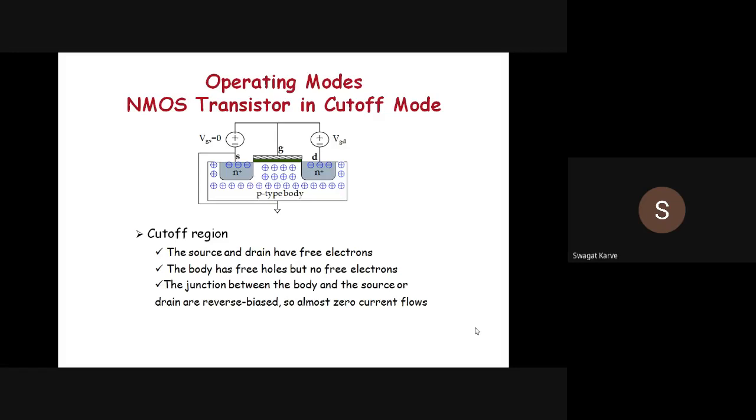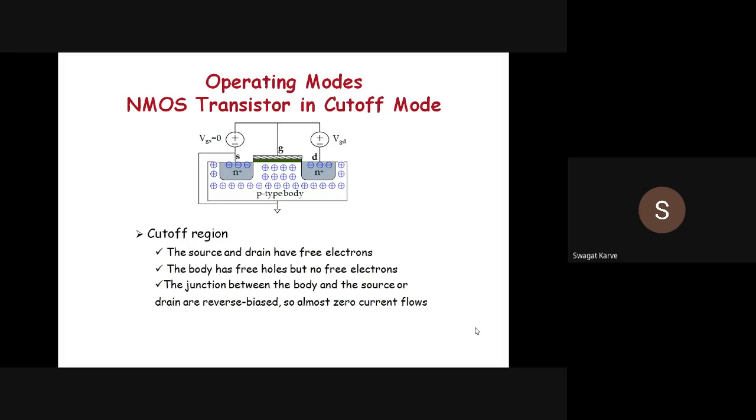So you have a cutoff mode. When the MOSFET is operating in cutoff mode, the drain to body and source to body junctions are reverse biased. This is the first condition.